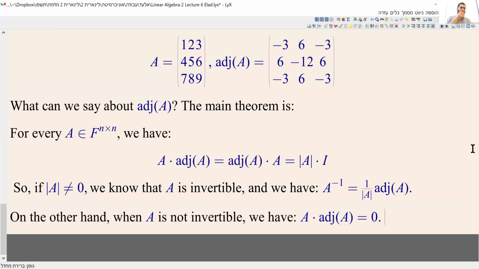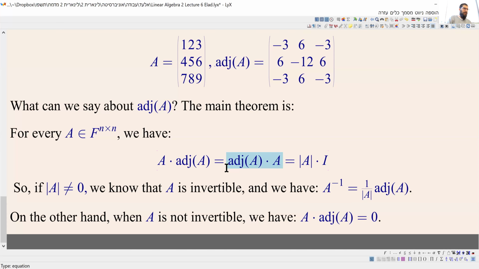Now, I want to prove the main theorem. In order to prove it, we have two sides here, right? The adjugate with A and A with the adjugate. And while A is invertible, one side is enough to conclude that the other side works as well. When A is not invertible, it's not so simple.